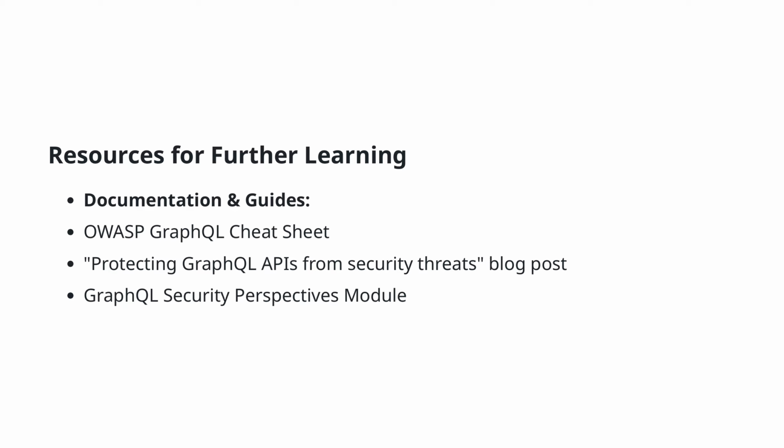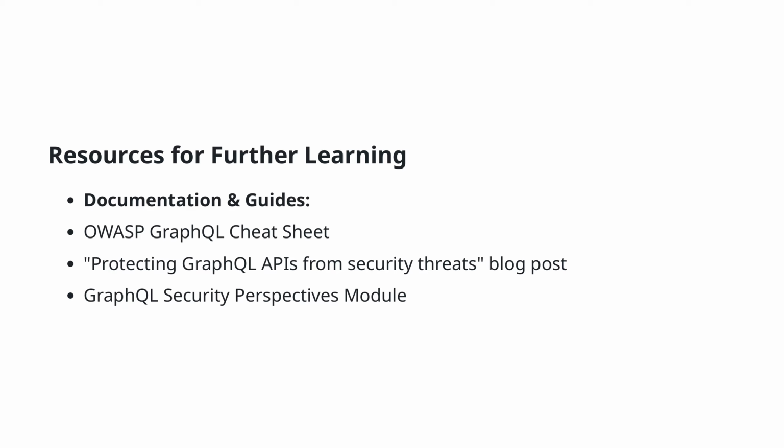Moving on, let's discuss further resources for advancing your understanding of securing GraphQL APIs. Documentation and guides are invaluable for deep dives. Consider starting with the OWASP GraphQL Cheat Sheet, a comprehensive resource for understanding common vulnerabilities and countermeasures. For practical insights and real-world examples, I highly recommend the blog post titled Protecting GraphQL APIs from Security Threats.